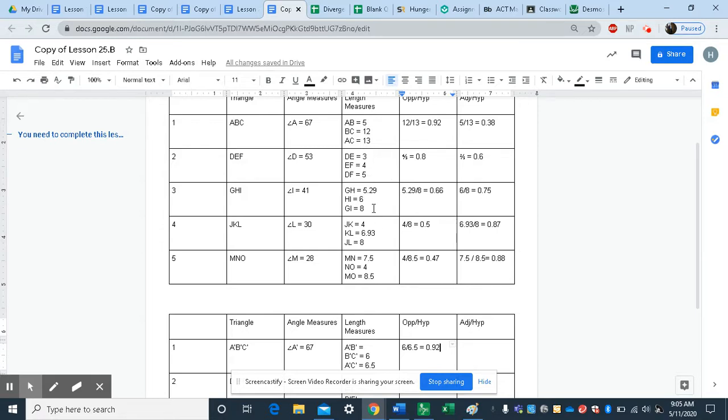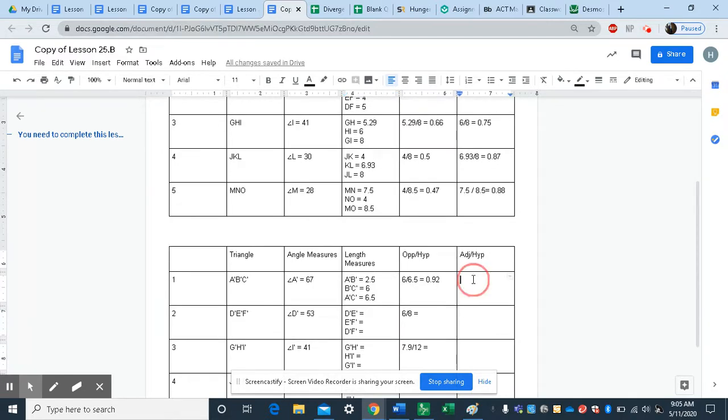So we're going to do 5 divided by 2. So 5 divided by 2 is going to be 2.5. So that means our adjacent over hypotenuse is going to be 2.5 divided by 6.5, which equals, oh, it did the weird thing again. I'll fix it in a moment.